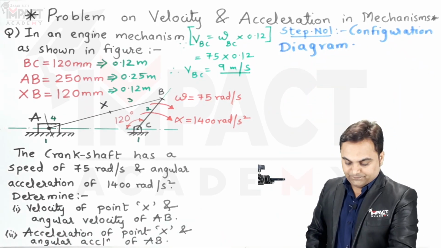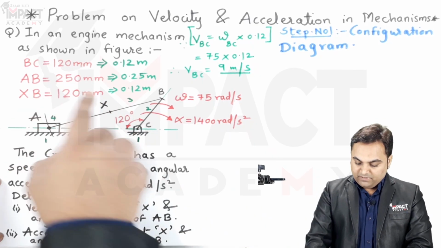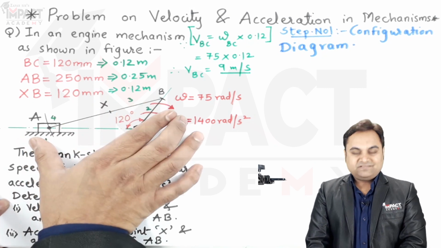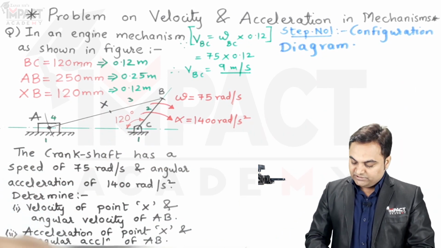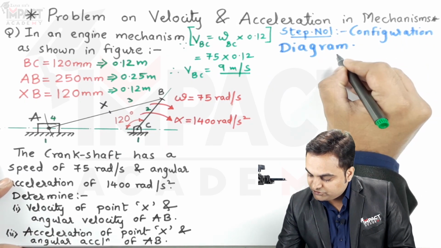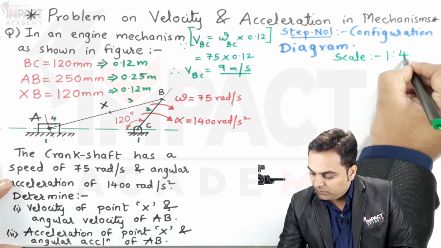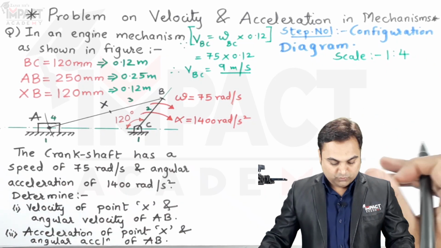In that, since BC is of length 120 mm, AB is having length of 250, I am going to convert this diagram into a scale of 1:4. That is, I would be reducing the scale here. So configuration diagram is having a scale of 1:4. That is, I would be drawing this diagram on 1:4 scale.